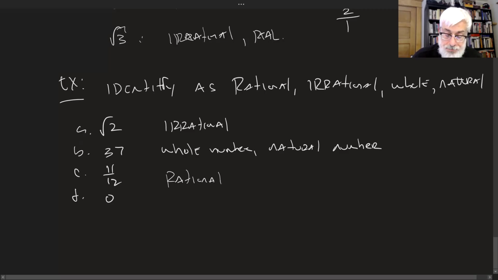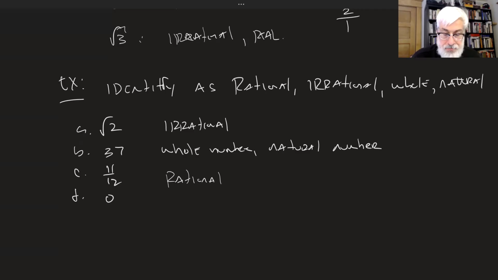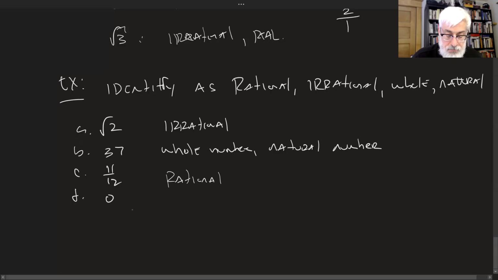Now 0, we can express 0 as a fraction, but that's not really one of our choices. So we'll say 0 is a whole number because we're not including 0 in our naturals.